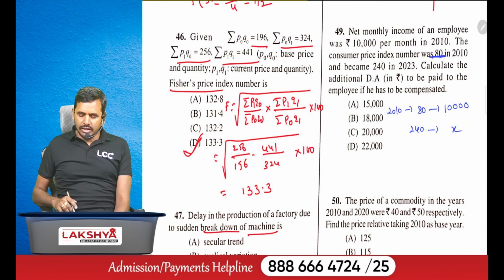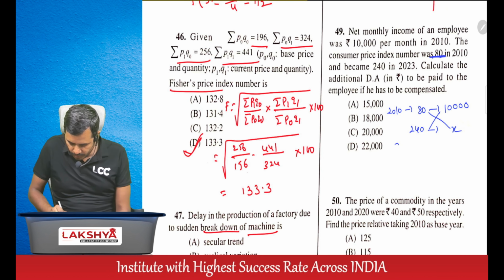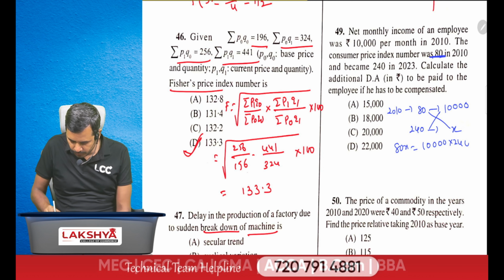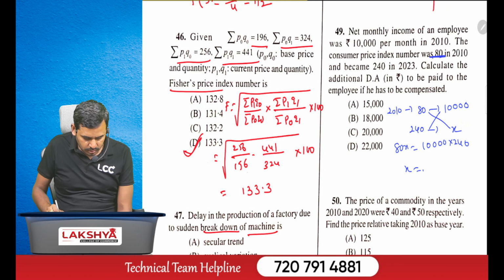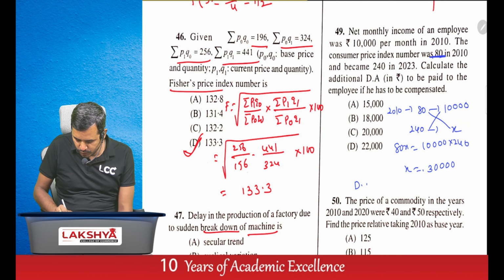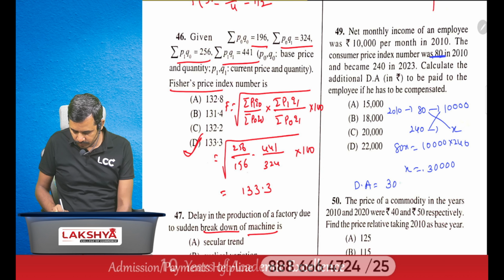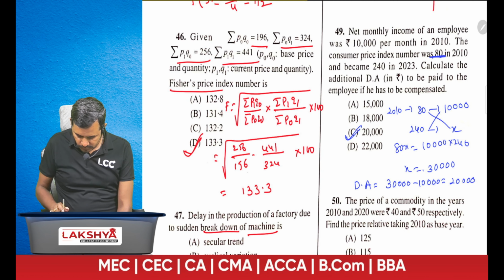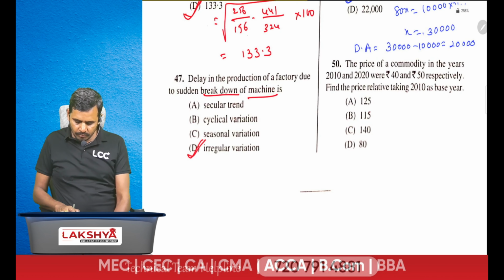Let us assume X amount, do the cross multiplication. Therefore 80X is equal to 10,000 into 240. Therefore X is equal to 30,000. Already he is receiving 10,000. Additional DA paid to the employee is 30,000 minus 10,000, which equals 20,000. Therefore the right answer is C.